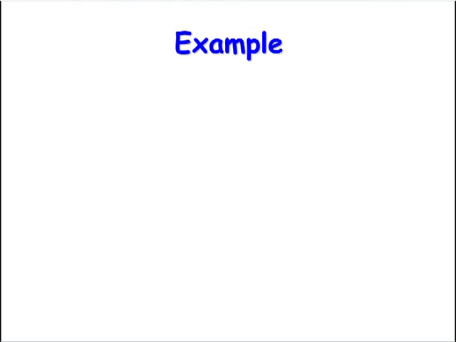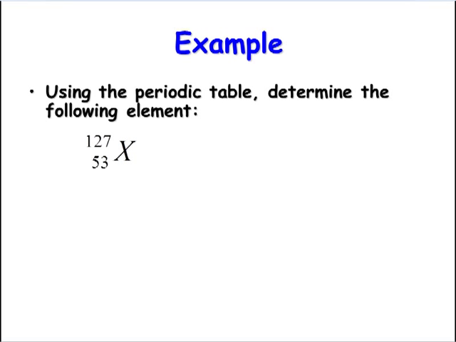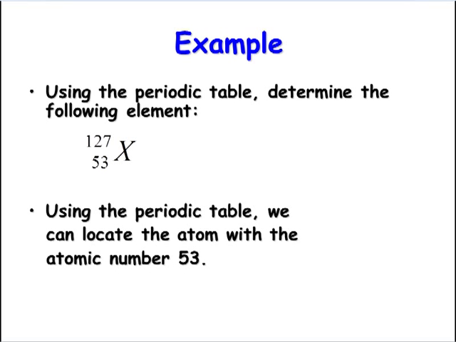So I'm just going to have a quick look at an example where we're given some element. Now we've got two numbers there, 53 and 127. 53, the smaller number, that's the atomic number. That's the one that defines the element. We use that on the periodic table to help locate the atom.